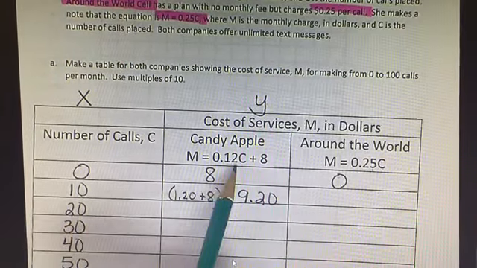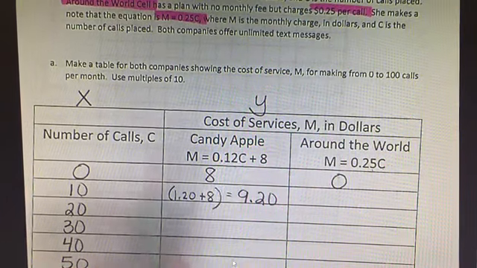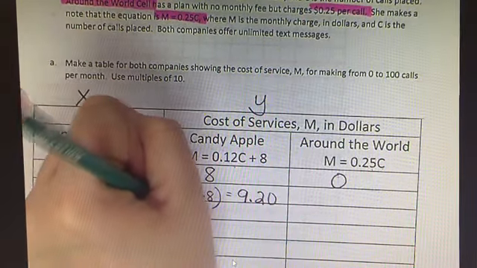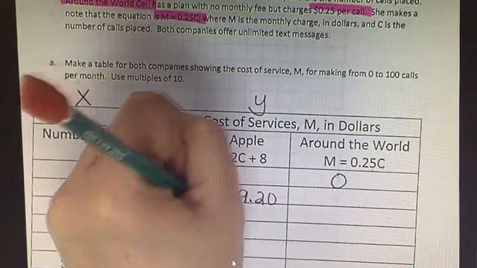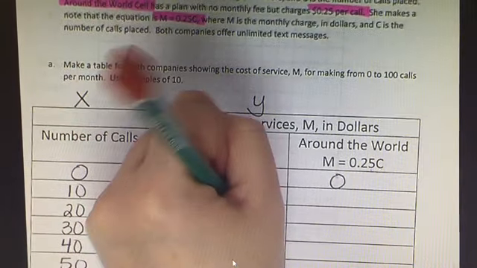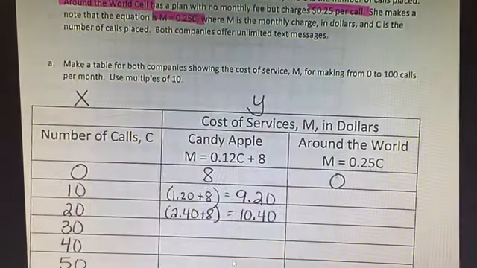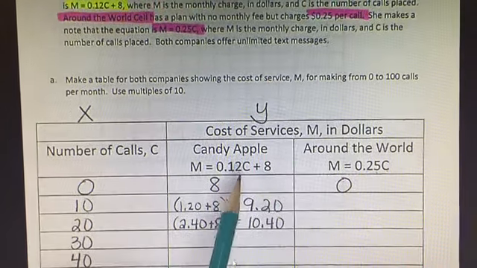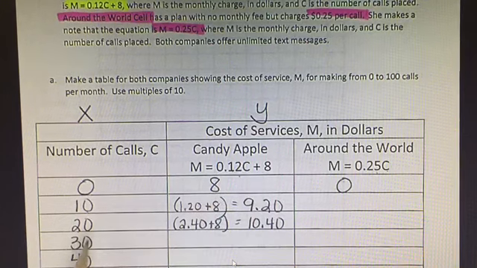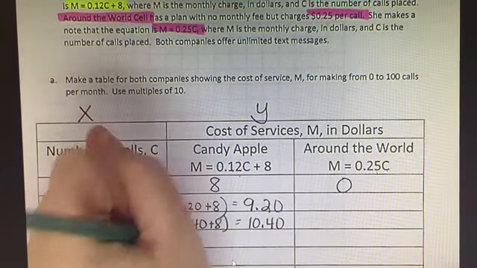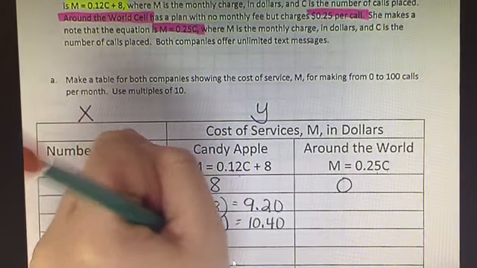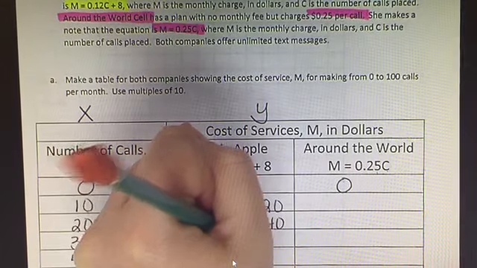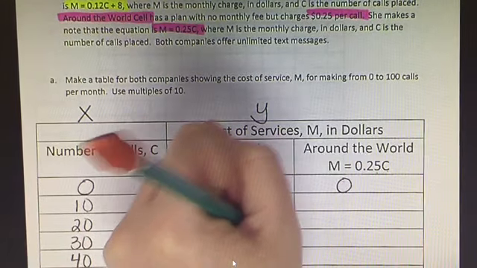Then we do the same thing for 20 calls. 20 times 12 hundredths is $2.40 plus the 8, so we get $10.40 as our total. Then we're going to substitute in 30 for C, and we have 12 hundredths times 30, which is $3.60 plus 8 equals $11.60.